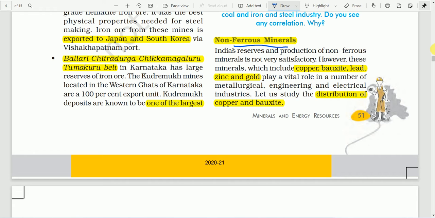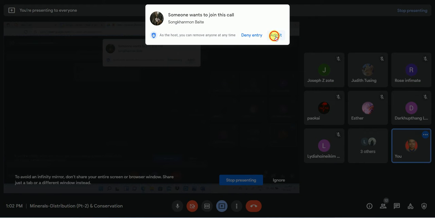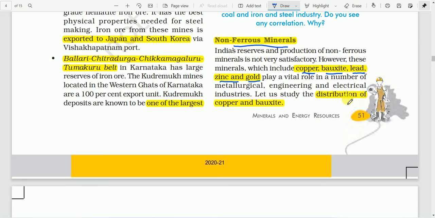However, these minerals, which include copper, bauxite, lead, zinc, and gold, play a vital role in a number of metallurgical, engineering, and electrical industries. So let us study the distribution of copper and bauxite.